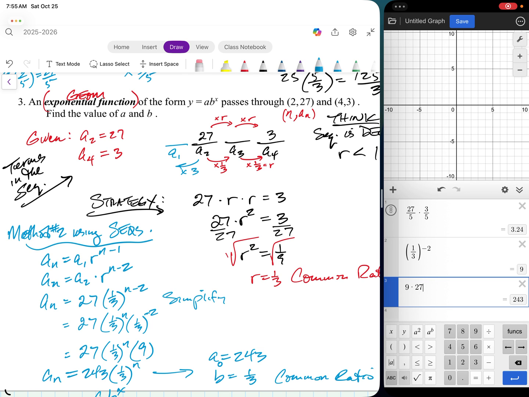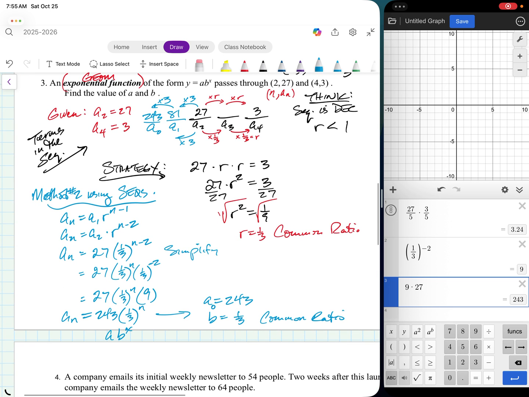And 27 times 3 is 81. And then if you do it again to get to a sub 0, you multiply it by 3. Here you get 243, and that's a sub 0. So if you put it all together, there you go.